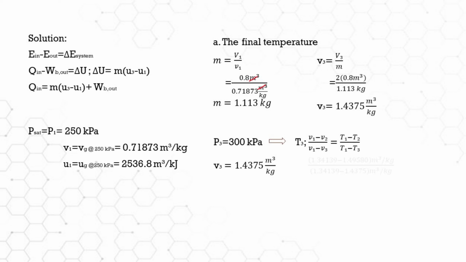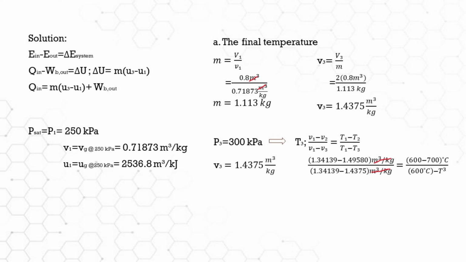Plug in the values. We have 1.34139 cubic meter per kilogram minus 1.49580 cubic meter per kilogram over 1.34139 cubic meter per kilogram minus 1.4375 cubic meter per kilogram. Then cancel out the units. We have equals our temperature 600 degrees Celsius minus 700 degrees Celsius over 600 degrees Celsius minus the temperature at state 3.